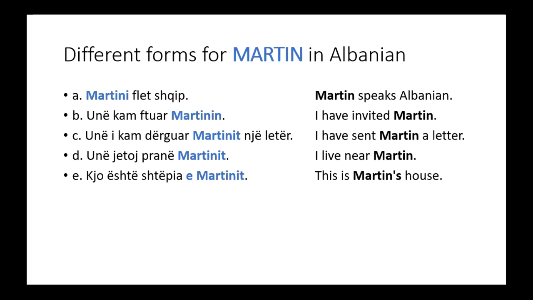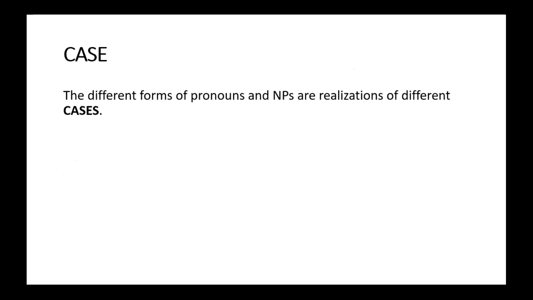And of course, masculine nouns are going to behave differently from feminine nouns, okay? So this is the way that case is represented in different languages. So let's talk about case. So with case, we have the different forms of pronouns and noun phrases that are realizations of different cases.